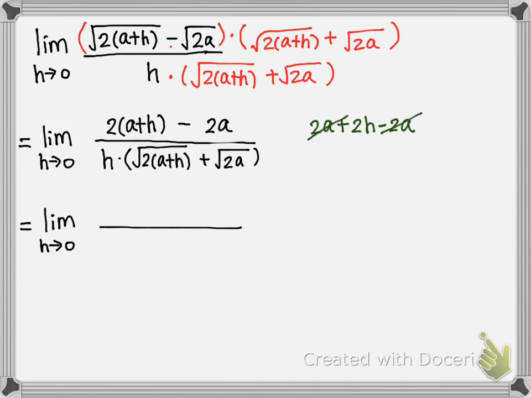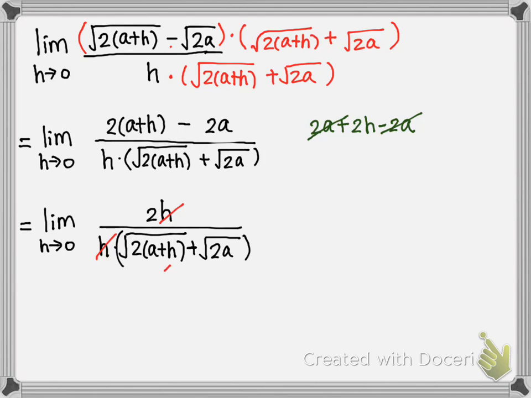What is left is 2h. Now in the bottom you have an h, and h is the problem maker, because when you do direct substitution, you get a 0 denominator. So now we can cancel the h and try direct substitution again to see whether that will work.